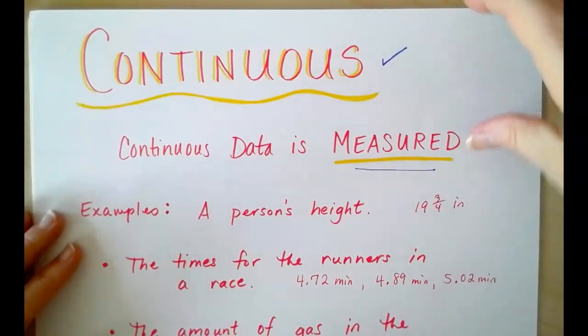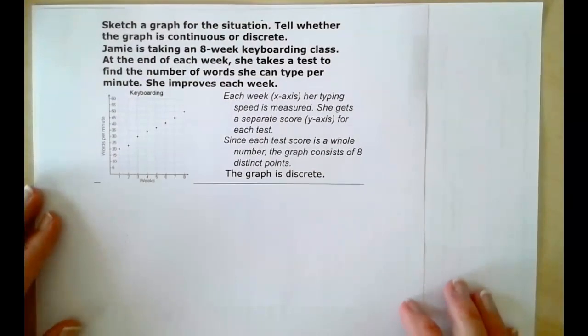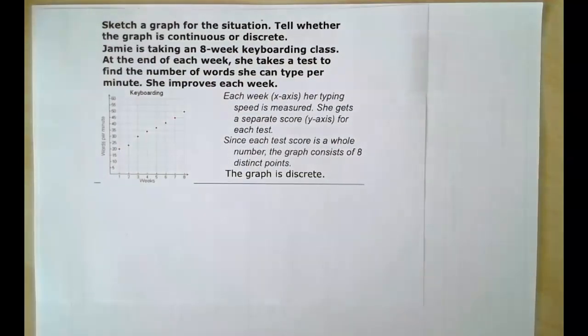So discrete versus continuous. We see that in the charts and graphs that we use in algebra. So here's an example. Sketch a graph for the situation. Tell whether the graph is continuous or discrete. So Jamie is taking an 8-week keyboarding class.